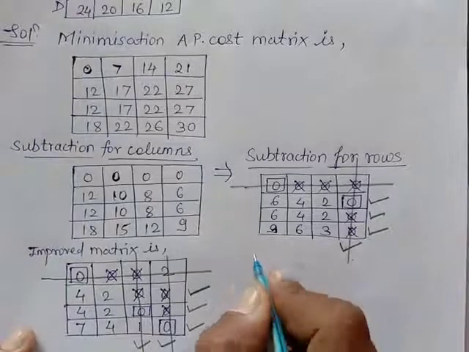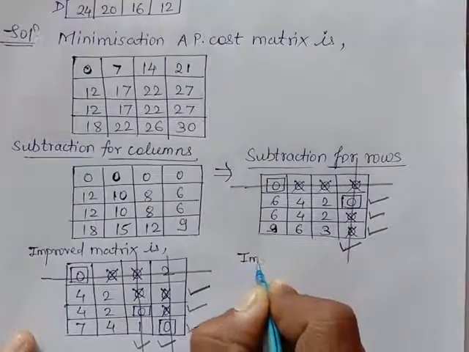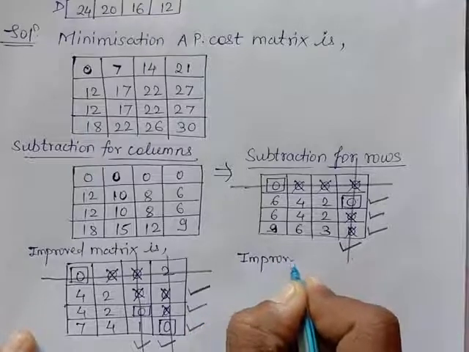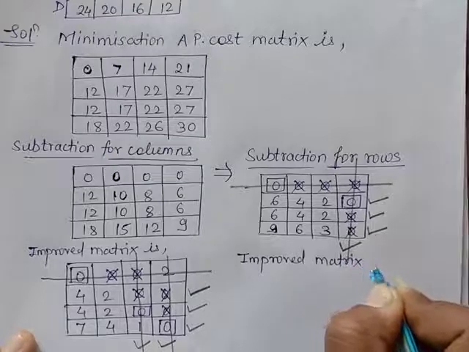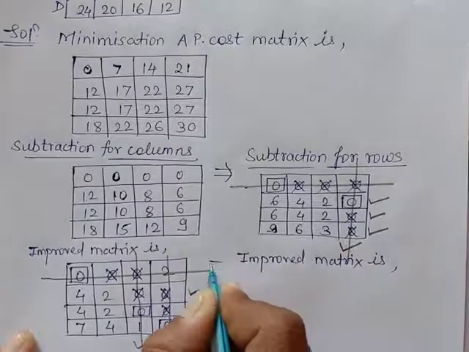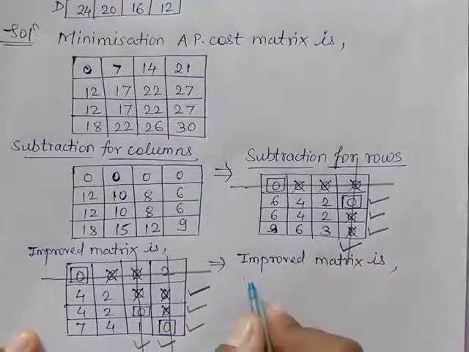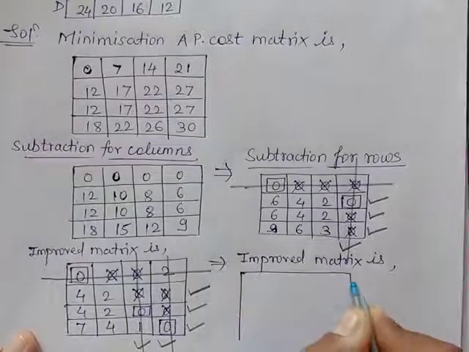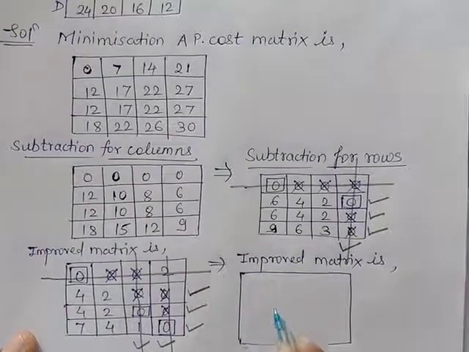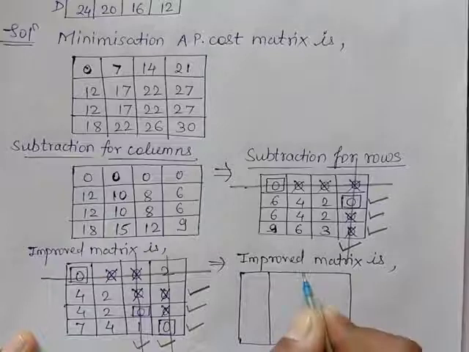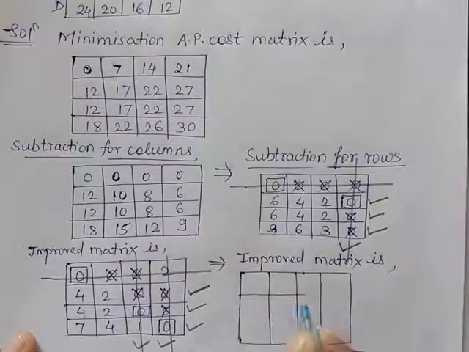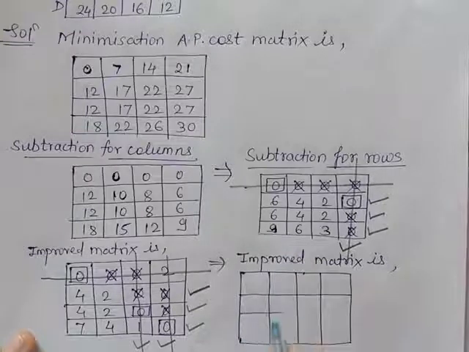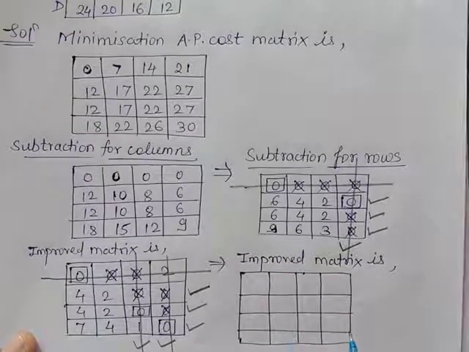So again improve the matrix. The improved matrix is, again, from here. The minimum of uncovered entries is what? 2. So again add that 2 at the intersection position and subtract it from uncovered entries.